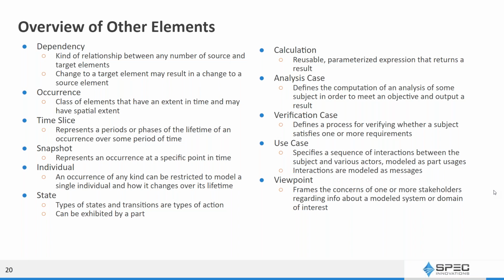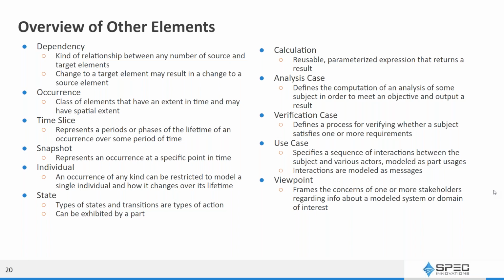Occurrence is a class of elements that have an extent in time and may have a spatial extent as well. And this honestly contains what's below it. So the time slice, the snapshot, it contains state, it contains actions. It is one of like the big classes in SysML V2.